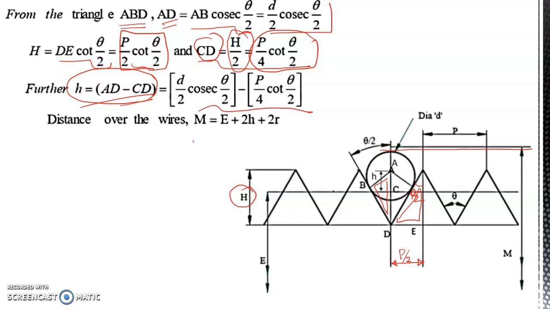If h is known, we can construct an equation connecting the diameter over the pins and the effective diameter as m is equal to E plus 2h plus 2r. This 2r we can replace with d. Now this equation is equation number 1. We can find the value of effective diameter by knowing m, h and r.